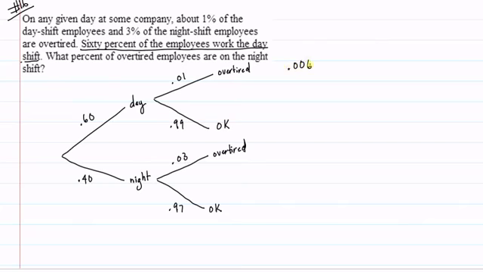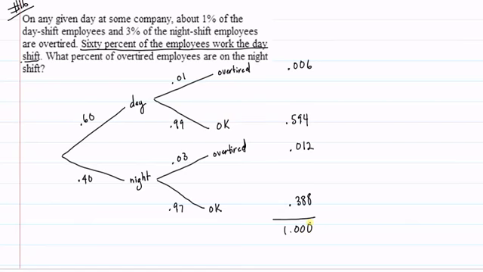That's the proportion that are overtired and work the day shift. 0.99 times 0.6, that's 0.594. 0.03 times 0.4, that is 0.012. And 0.97 times 0.4, that's 0.388. We could check those add up to 1. I'm not going to check it. You have to trust me.